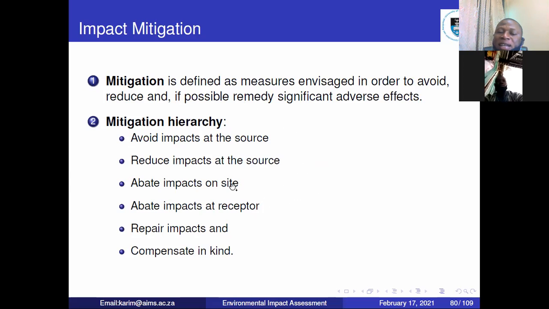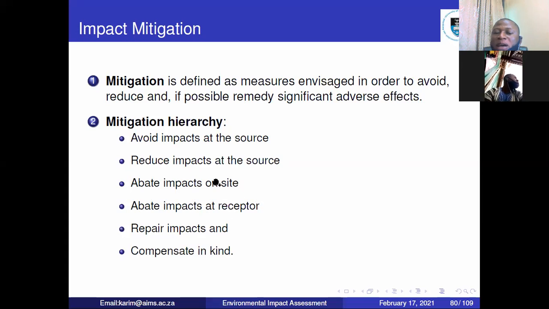Abate the impact at the site. Where the impact will have the problem, you go and make sure that the impact does not affect the environment there. So for instance, someone is producing gases. Your company will produce the gas, but you know that when the gas gets into the atmosphere, it will destroy the land or the organisms that are in the land.